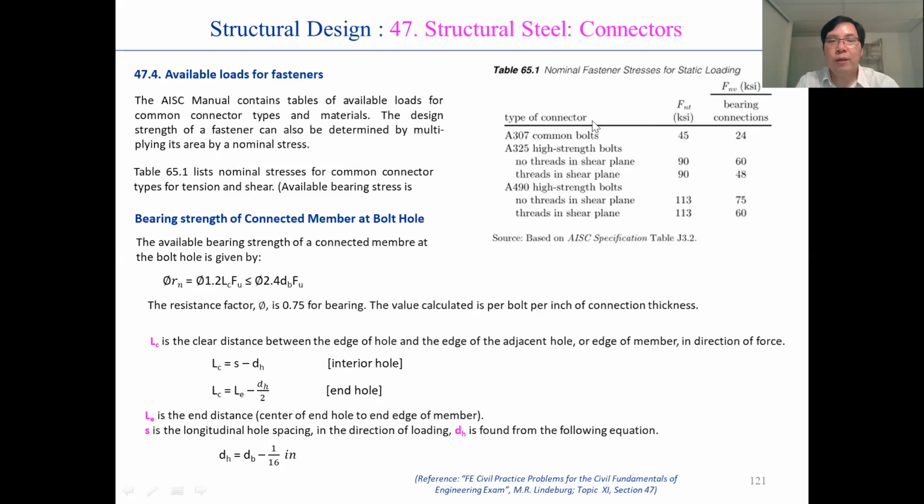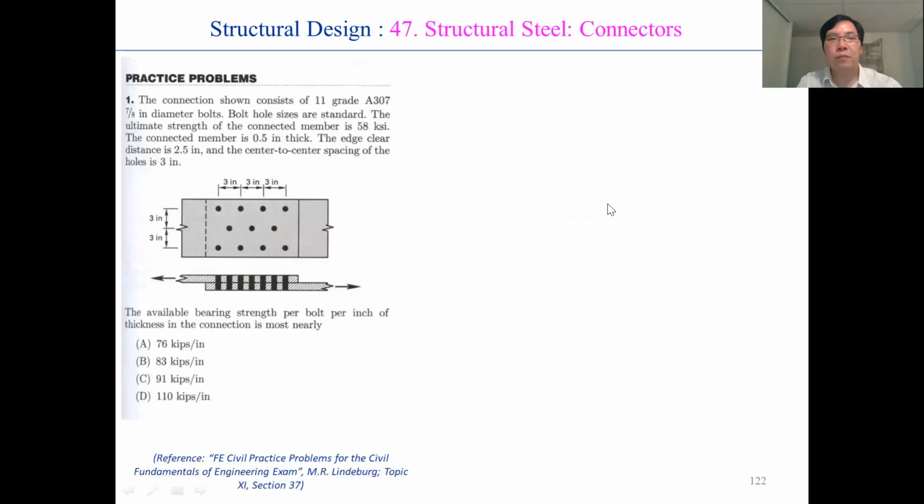I show in this table the nominal fastener stress for static loading for different types of connectors. Now we can see the detail of a practice problem.